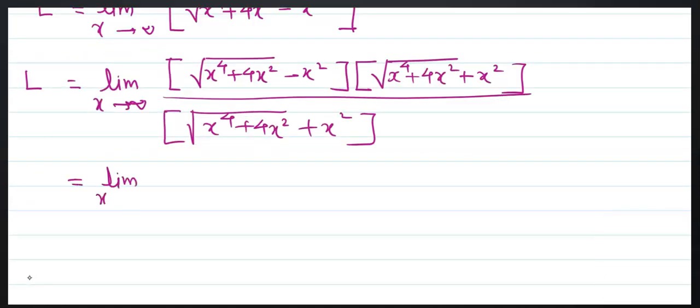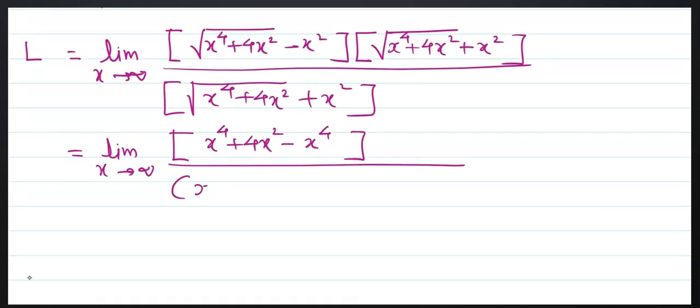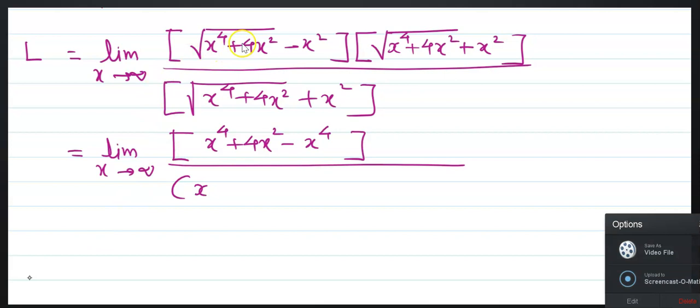Then you will get limit x tends to infinity, x⁴ + 4x² − x⁴. What about this here? (a − b) into (a + b). x² in brackets squared, then it will become x⁴. Therefore, x⁴ + 4x² − x⁴. Now this x⁴ − x⁴ will get cancelled.